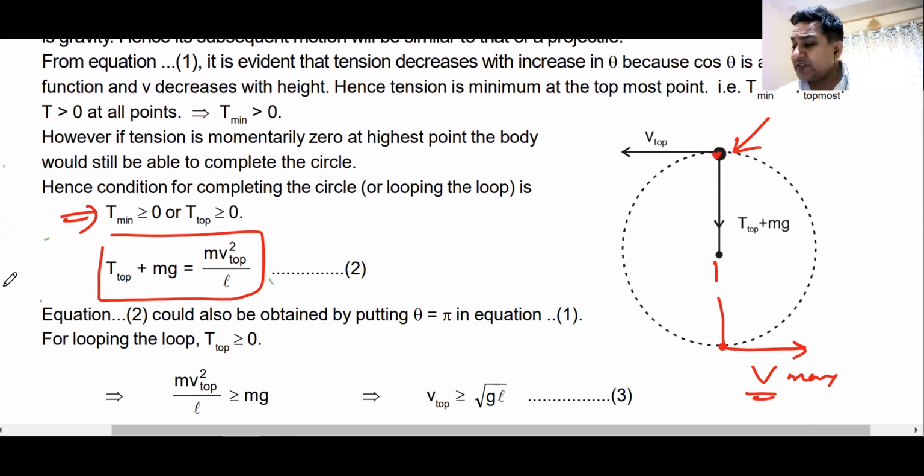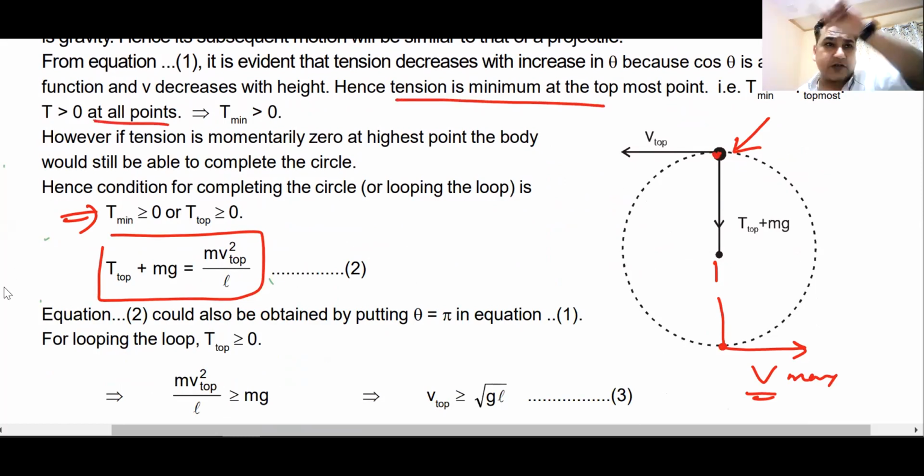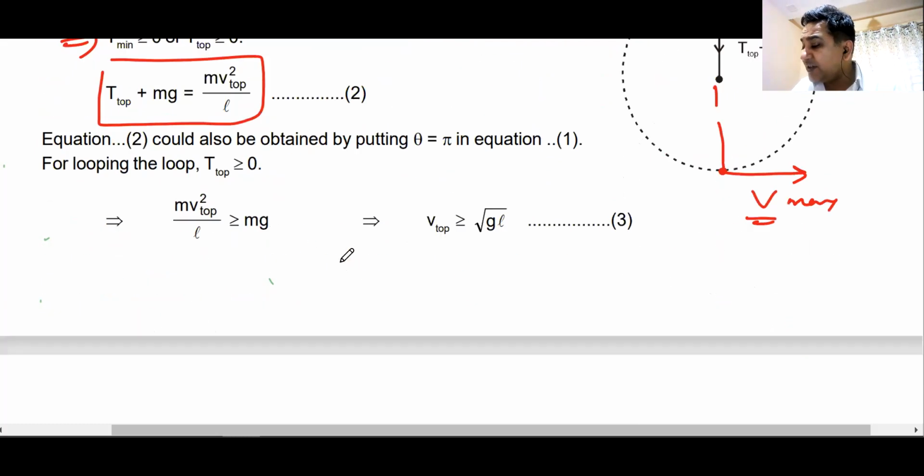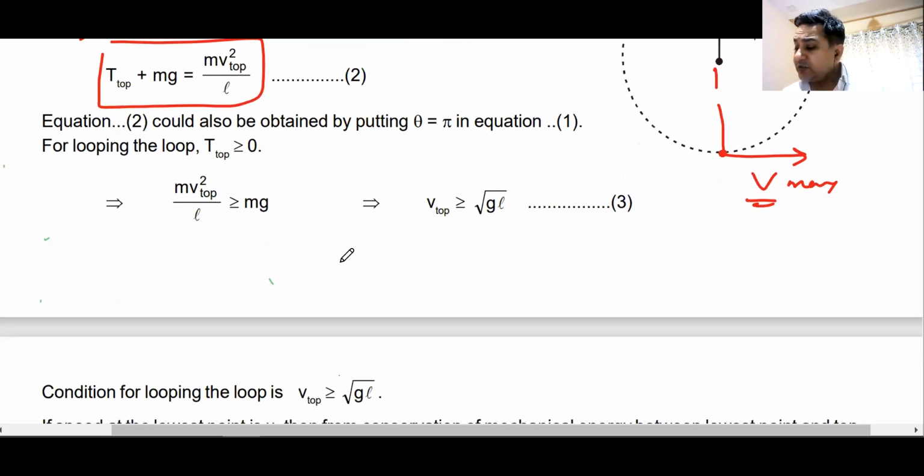Now you must also understand the condition for it to complete the circle. The condition is that velocity at the topmost point should be just more than zero. That means the tension at the topmost point must be just more than zero. The important condition is that tension should be greater than zero.